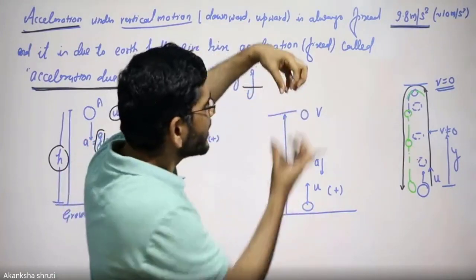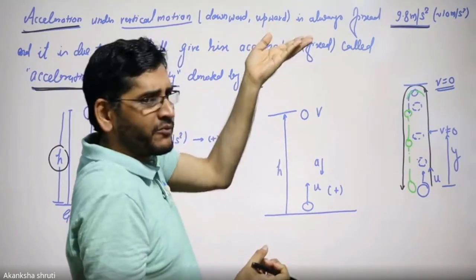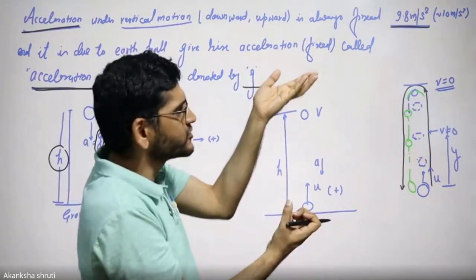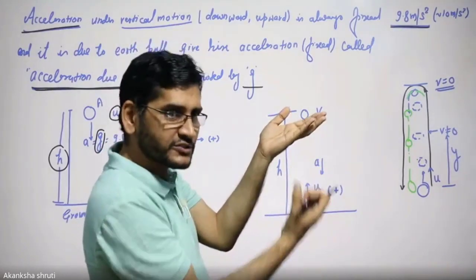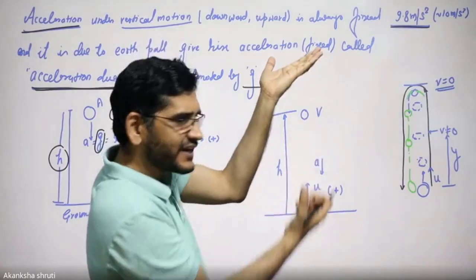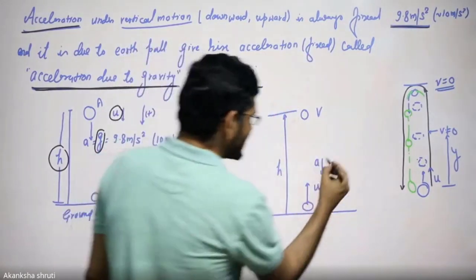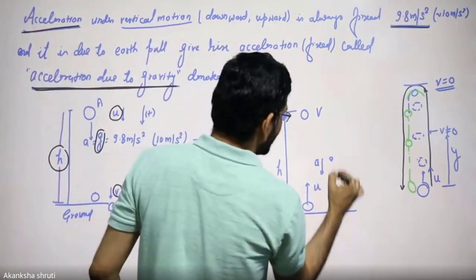Also, we have learned that the earth always pulls things. So if a body is moving upward, the earth will pull it downward, so surely its speed will decrease. This means the acceleration or force is always acting downward. So the motion is upward, but the acceleration is downward. So this acceleration, or g value, we have to take as negative.